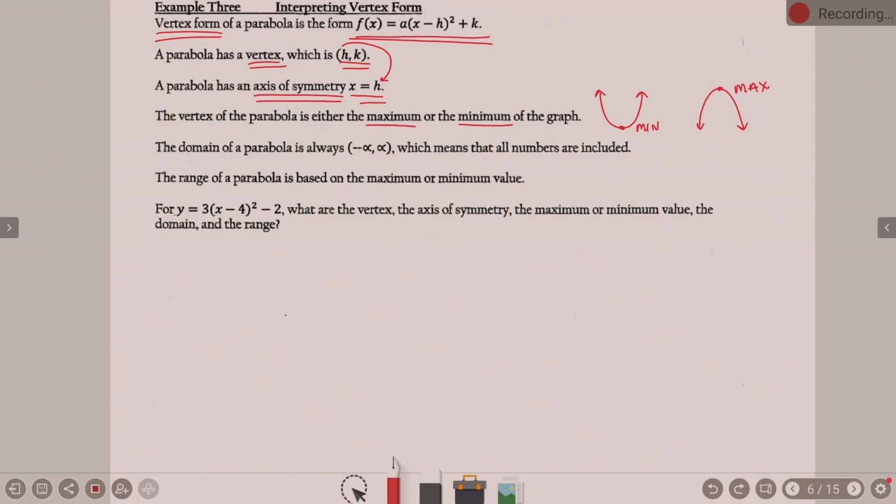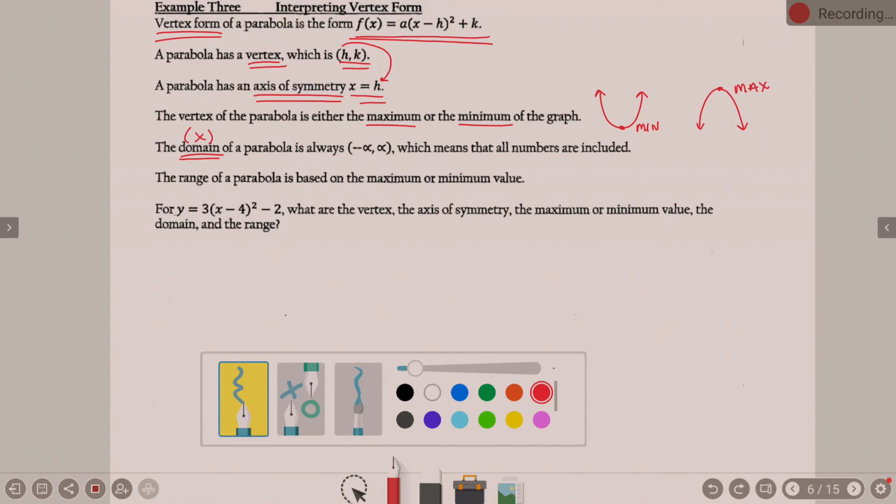Domain. What do we know about domain? Domain are the x's. So your x-axis goes left and right. What do we know about parabolas? As they're opening up or opening downwards, what's a parabola doing? It's going left and right. It's getting wider and wider, isn't it? That parabola is always going to be going wider and wider.